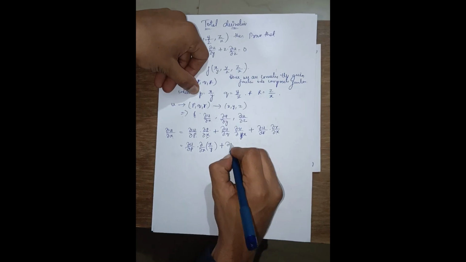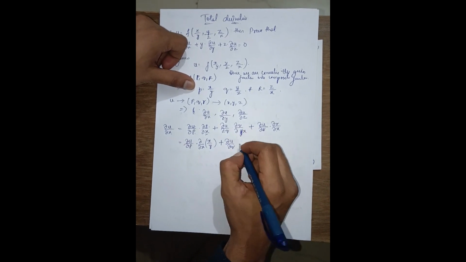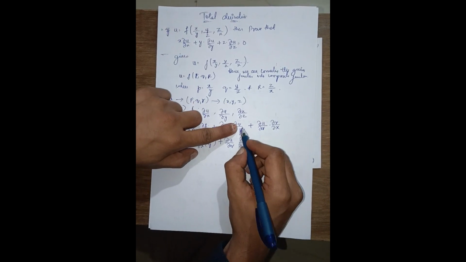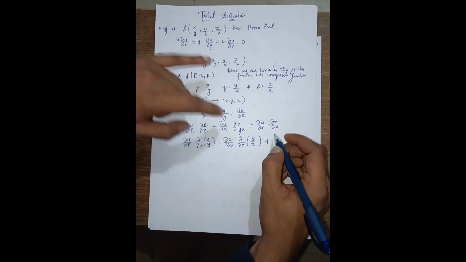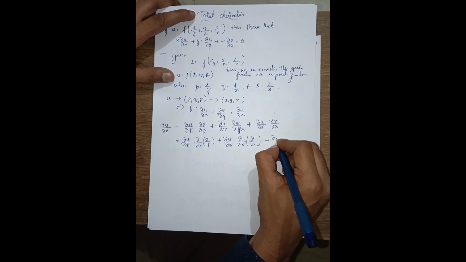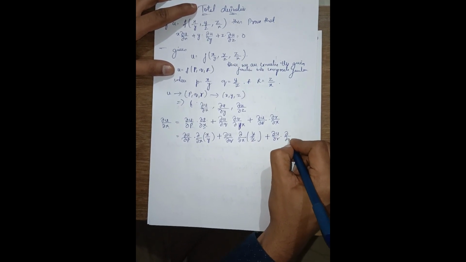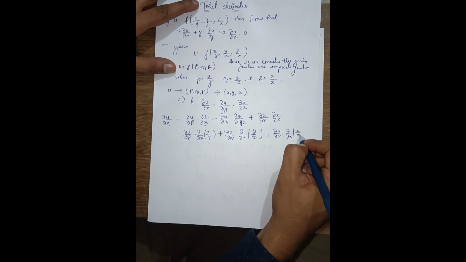Plus dou u by dou q, keep it as it is, into dou q by dou x, what is the value of q, y by z, plus dou u by dou r into dou by dou x of r, what is r here, z by x.